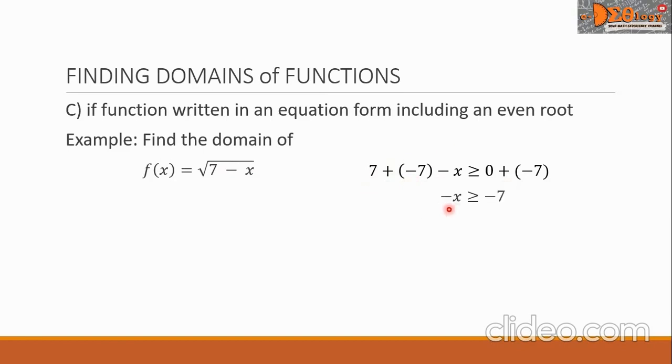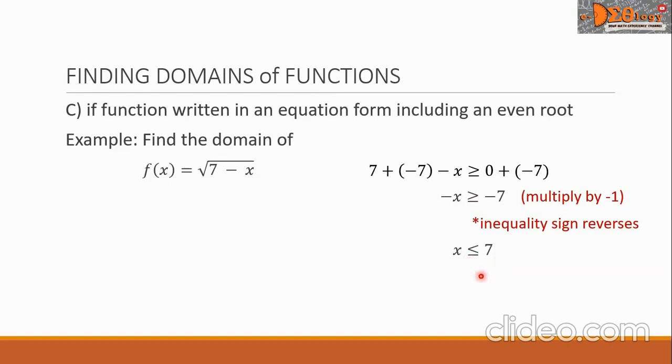We will have now negative x greater than or equal to negative 7. We want the x to be positive, so we're going to multiply the inequality by negative 1. We know the rule for inequality that when we multiply by a negative number, the inequality sign reverses. So it will be positive x now less than or equal to positive 7.